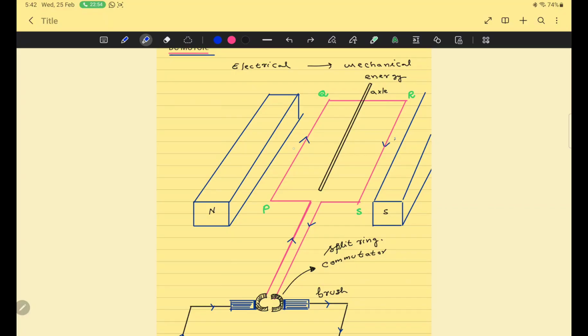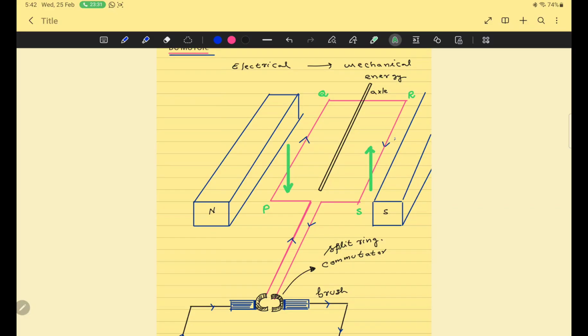So this side will experience an upward magnetic force, and this side will experience a downward magnetic force. Because the direction of current is opposite, the direction of magnetic force will also be opposite.